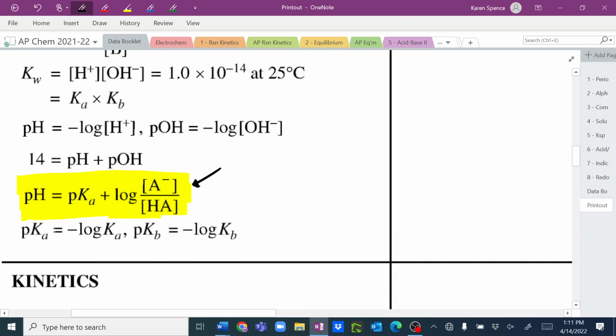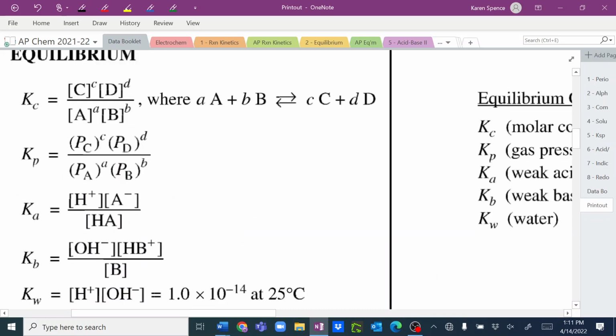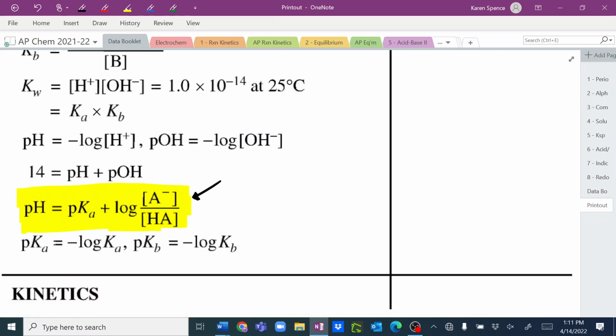See that one there? It's in your equilibrium section. That is the Henderson-Hasselbalch.